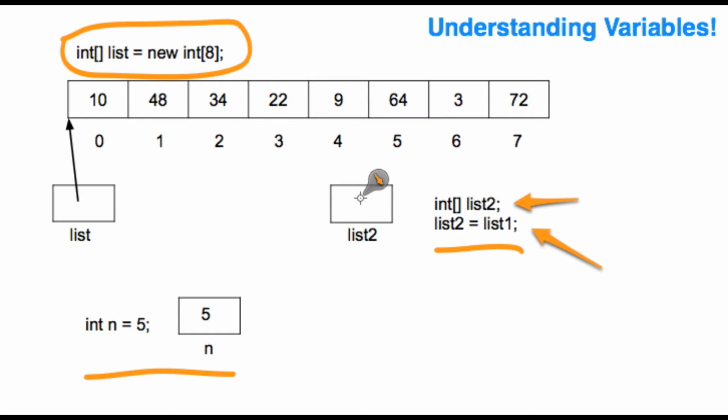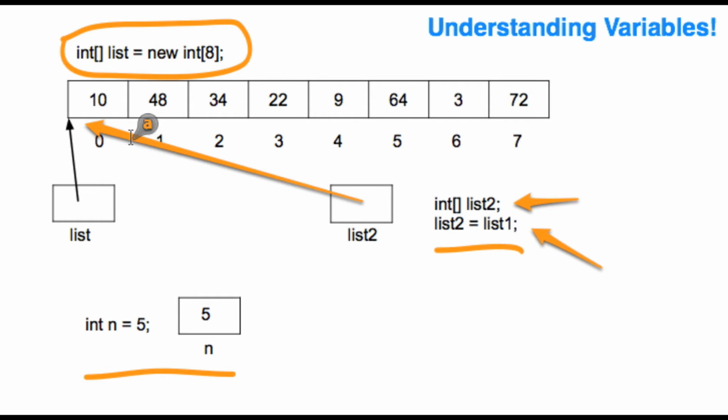That arrow is copied over to here. So list2 now contains the same address in it that list1 has in it. So they both reference the same chunk of memory.